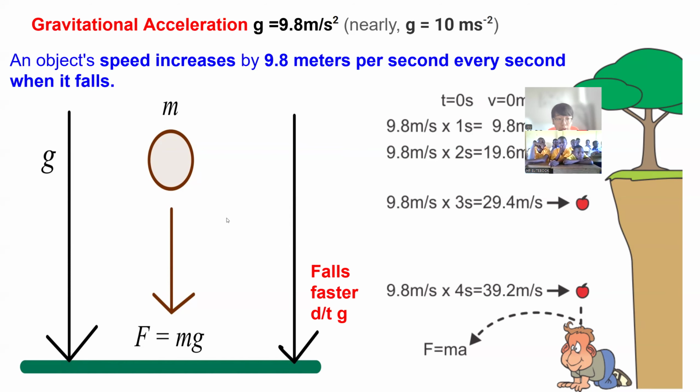But you can also calculate the force, since gravitational acceleration is also a part of the acceleration. From F equals ma, we can plug in the gravitational acceleration and it becomes F equals mg.